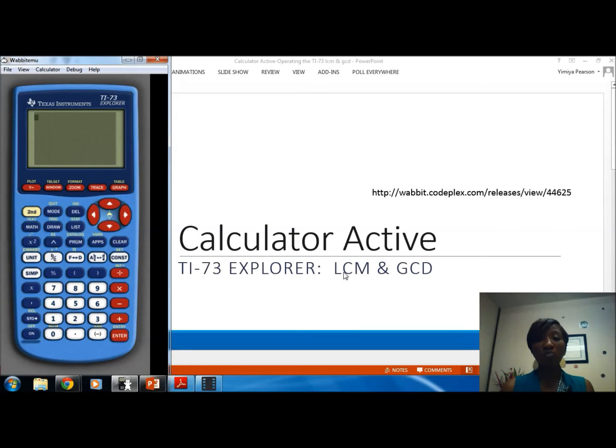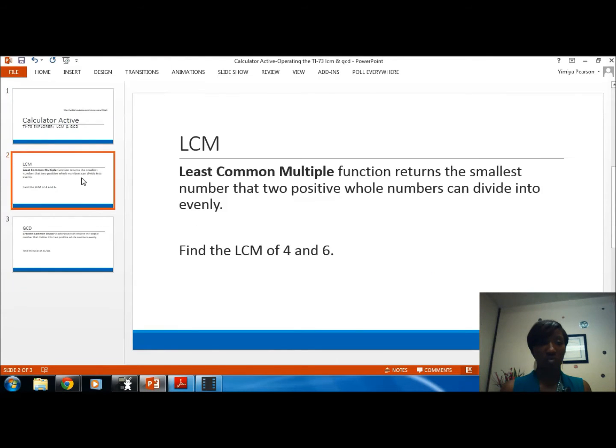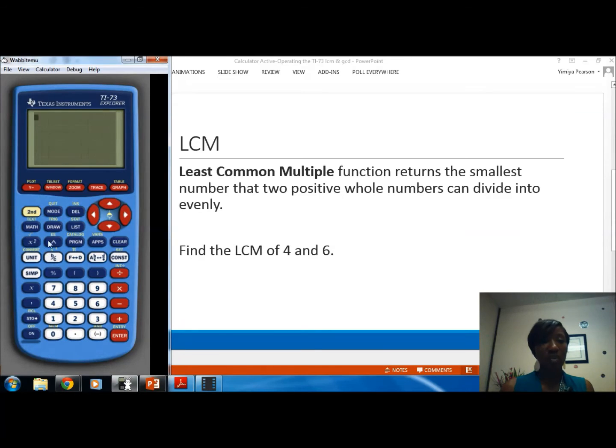In order for me to find the LCM and GCD, I'm going to have to access these functions through the math key. So I am clicking the math key, which is directly under the second key on the left-hand side of the calculator.